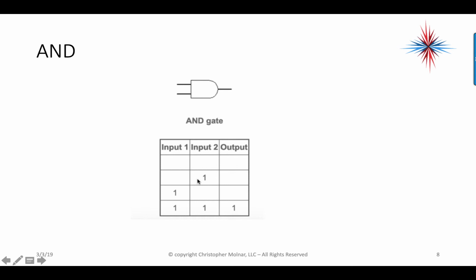If input number 1 is true, the output is non-existent. It's basically 0. If input number 2 is true, output still is 0. But if input number 1 and 2 are true, we get an output. So AND basically says both conditions have to be true in order to cause an output that is true.